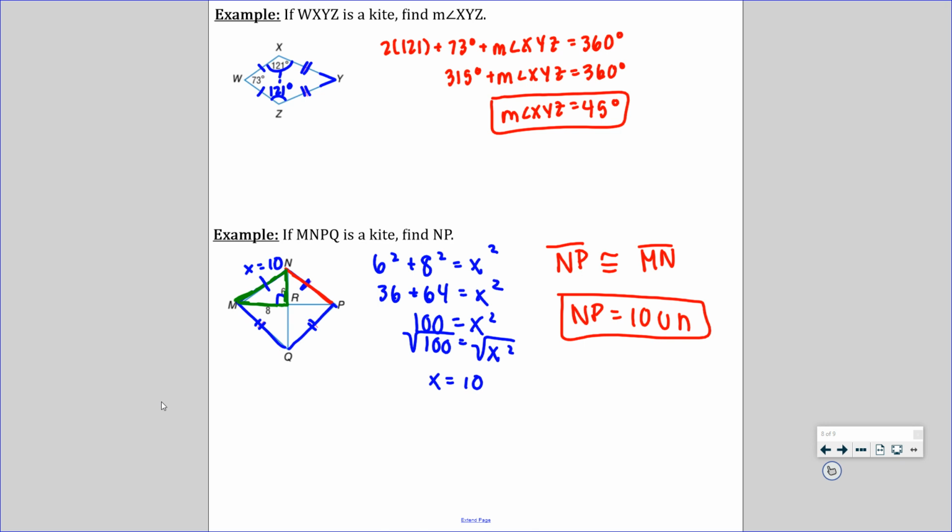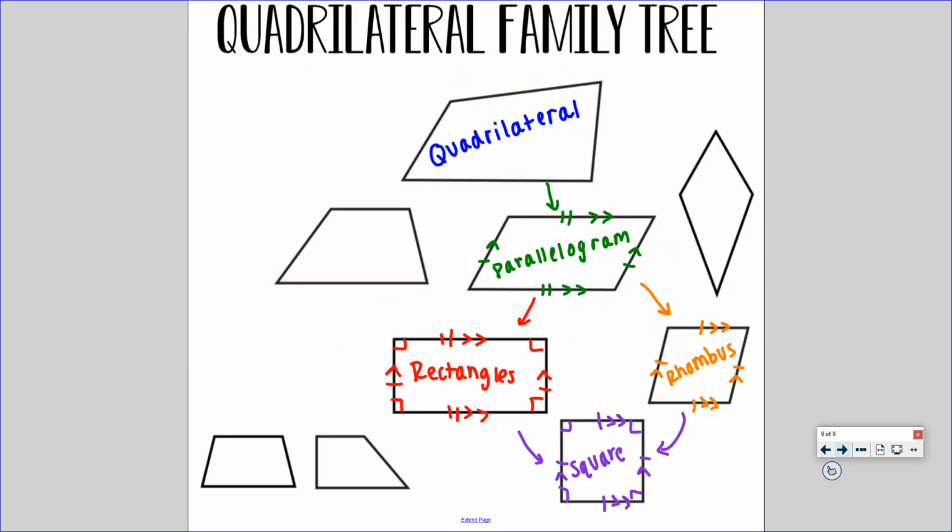Okay, oh my gosh, I'm so excited to do this. We've really been focused the last few days on this set of our family known as parallelograms. We even looked at special types of parallelograms: rectangles, rhombi, squares. As I mentioned, kites are kind of their own thing. So off to the side here, my other member of my family is kites.